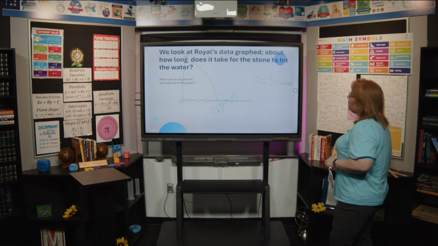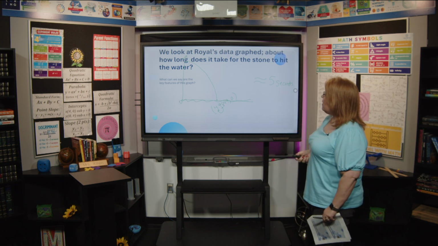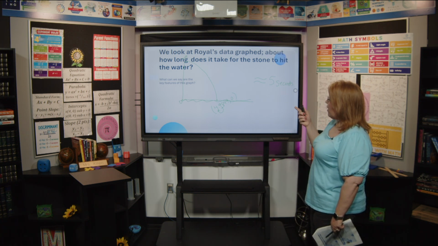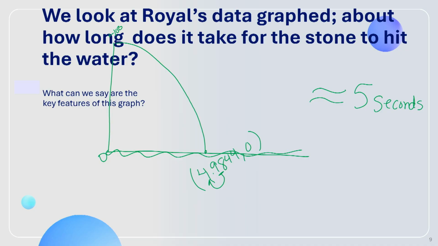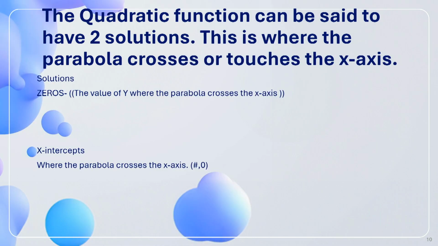Good questions. All right. What can we say are our key features? Well, we said our y-intercept was 0, 400, and then approximately 5, 0 would be our x-intercept. Good job. All right, the quadratic function can be said to have 2 solutions.